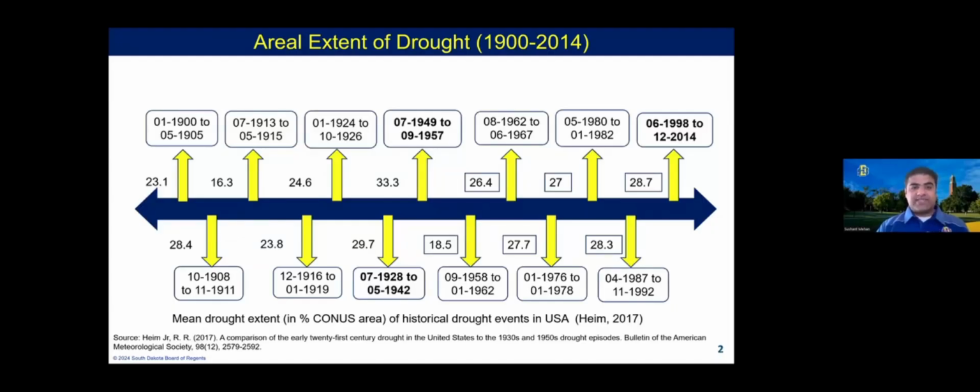The 1950s drought, from July 1949 to September 1957, had the highest mean drought extent of 33.3%, making it the most severe in terms of area affected. Most recently, the drought from June 1998 to 2014, the longest in history, covered 28.7% of the United States, indicating that even in this time, large-scale drought remained a significant concern.